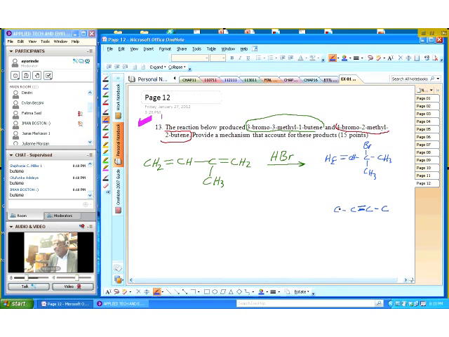And then 4-bromo, if this is carbon number 1, 2, 3, 4, we have bromine here. And then they say 2-methyl, so the methyl is here.